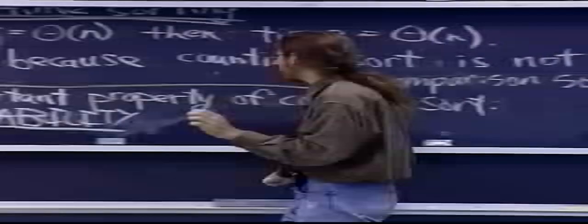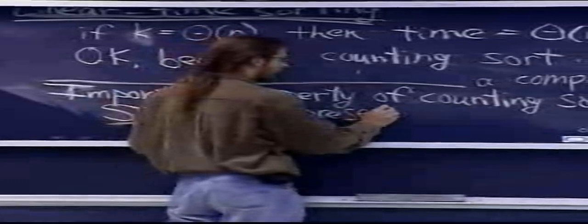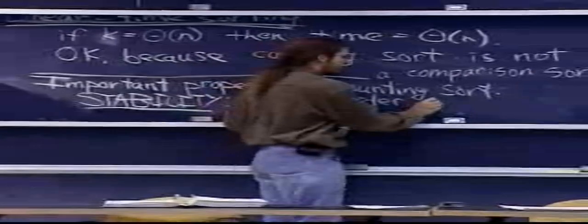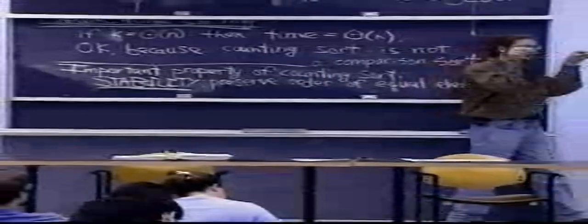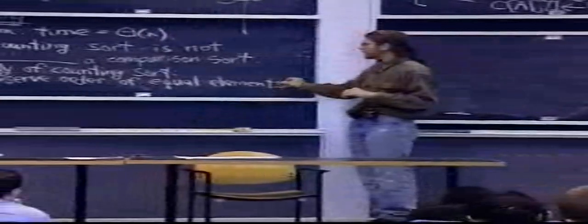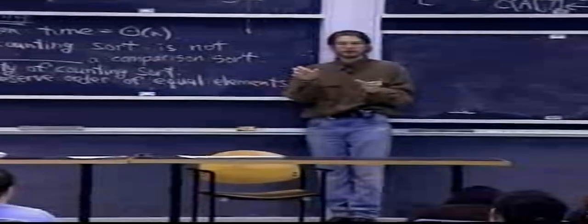So you preserve the order of equal elements. In the sense that if I put little tags so I could distinguish the different 3s, then if you follow through this algorithm, you'll see that you're always preserving the order. You're never switching them around. Okay, so this is important.